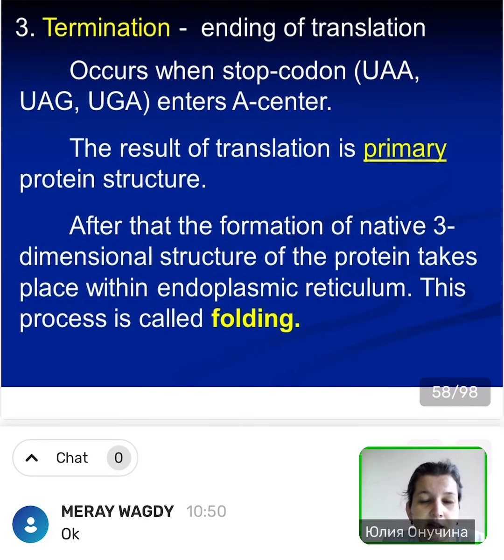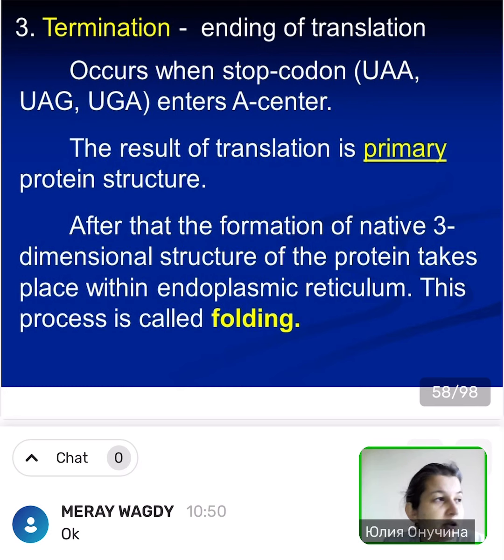Termination is a stage ending of translation. And it's possible when we see stop codon in A center, in acceptor center. So after translation, we have primary protein structure. After that, the formation of native three-dimensional structure of the protein takes place with endoplasmic reticulum.